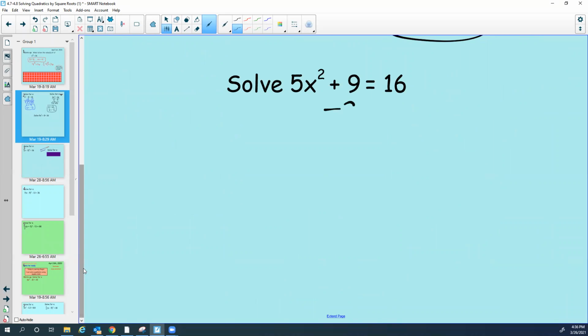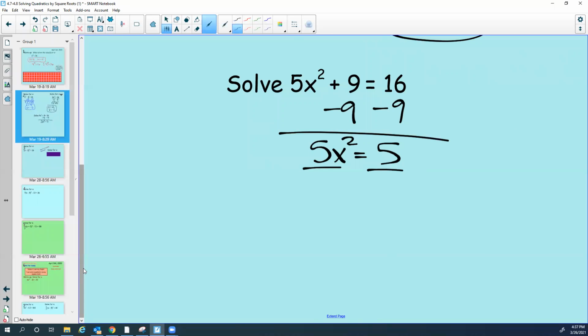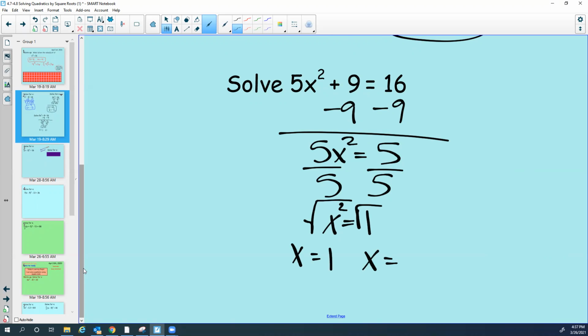On this one here, I need to subtract 9 from both sides. I get 5x squared equals 5. Divide everything by 5, and I get x squared equals 1. The square root of 1 is x equals 1, and x equals negative 1.